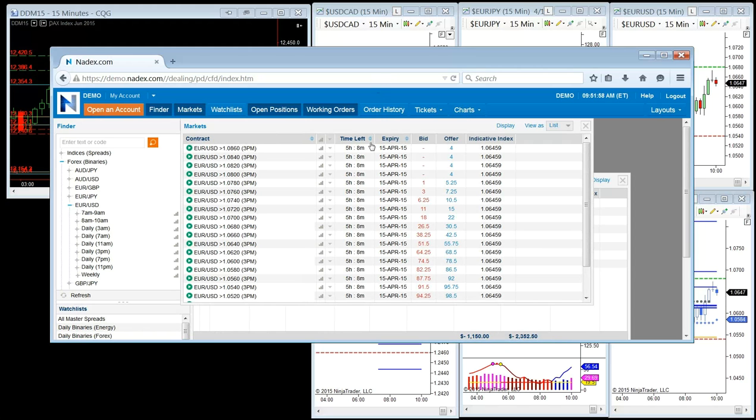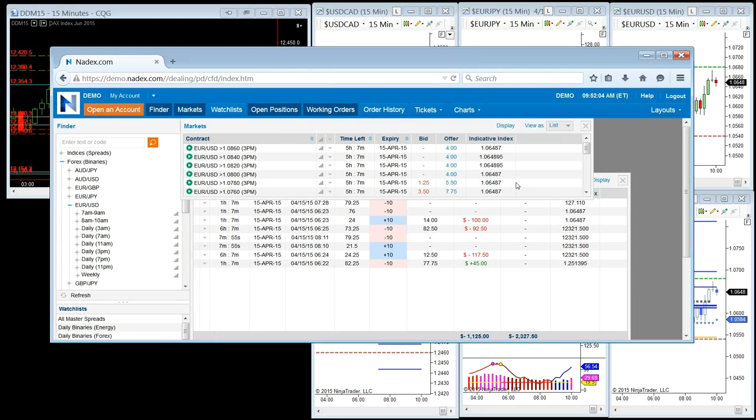Now, a lot of times you may want the smaller 2-hour binary because they're 5 pips away in price. So you would be able to go out further as long as they were being offered. Does that make sense to you, Dave?